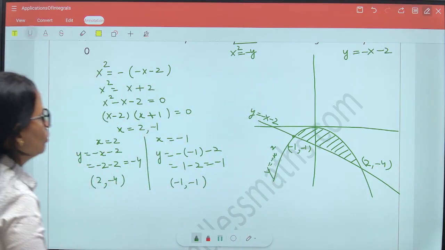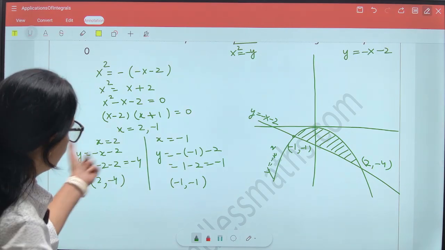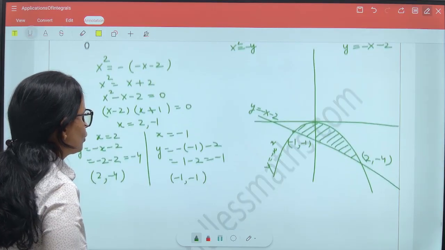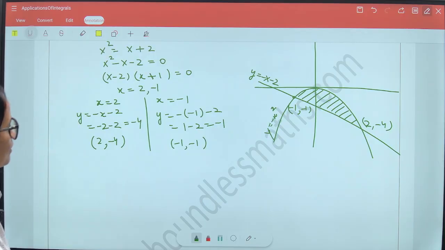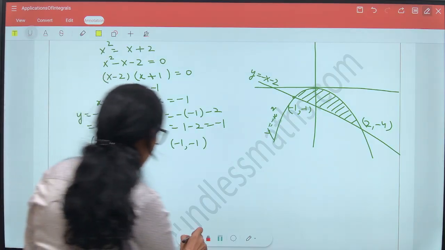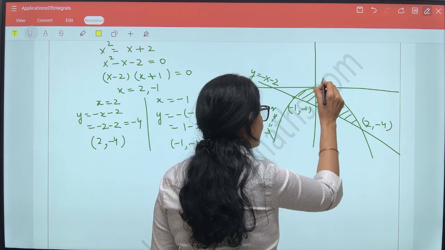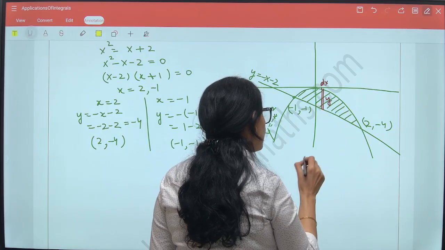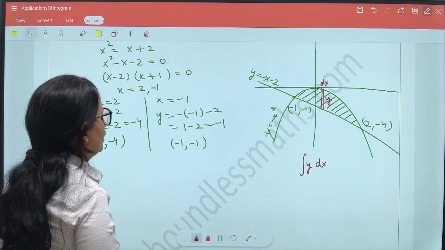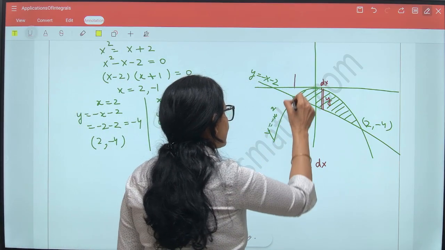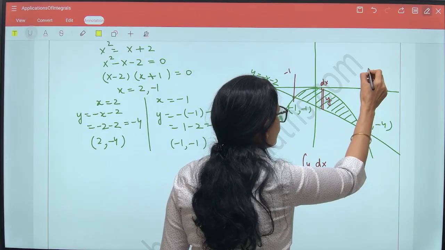Now you need to find the area, and you already have the margins now, upper and lower limit. So let's try to first understand what we need to integrate with respect to what axis. So where is the marginal area? How do we do that? So this is the marginal area. So it is dx here and y here. So we need to integrate y with respect to dx, and the limits for x are going to be minus 1 and here x is 2.